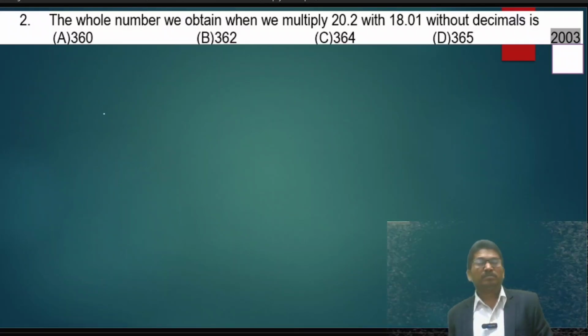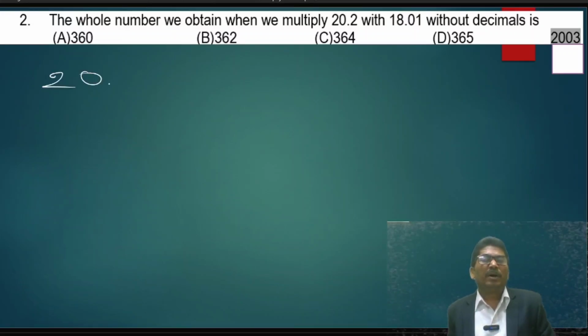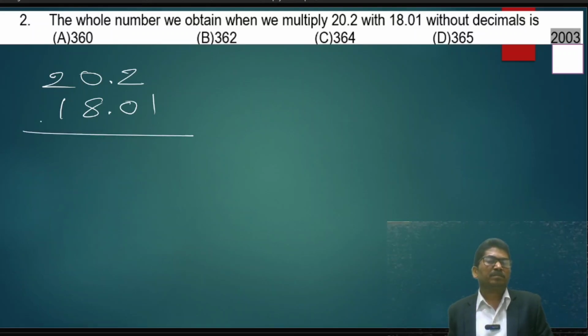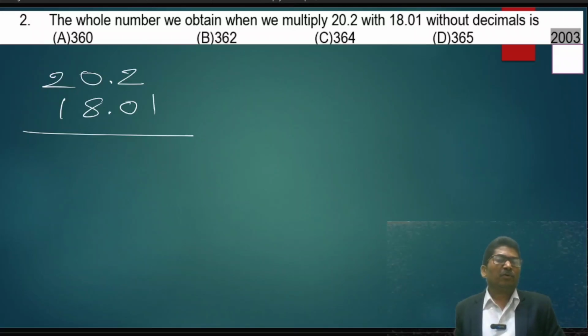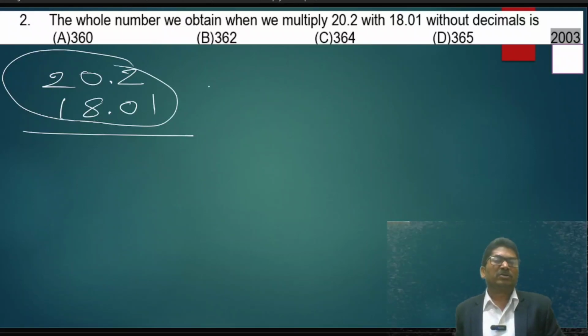Integral part. 20.2 into 18.01, multiplication. Here 4 places, here 3 places. So that's why we have to take first 18.01 into 20.2 is the best.